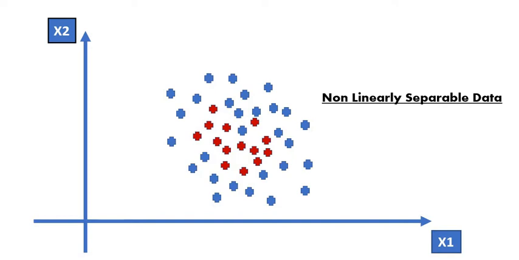So here we have two classes, the red and the blue class. But the question here is, can we easily and visually assign a line or separate these two classes using a hyperplane easily?